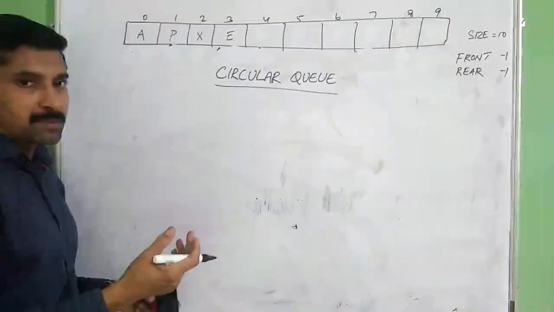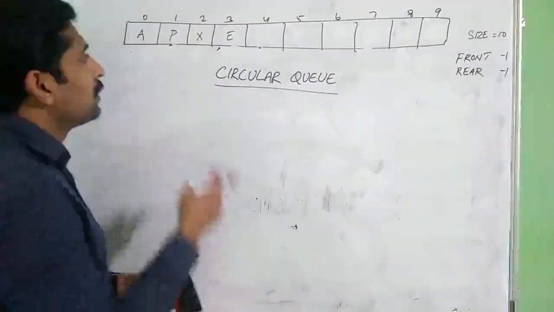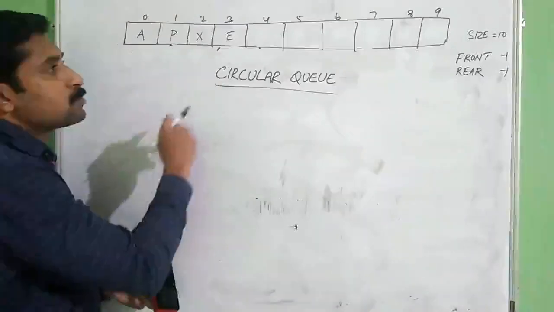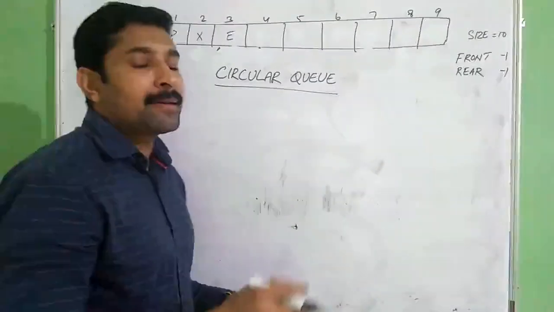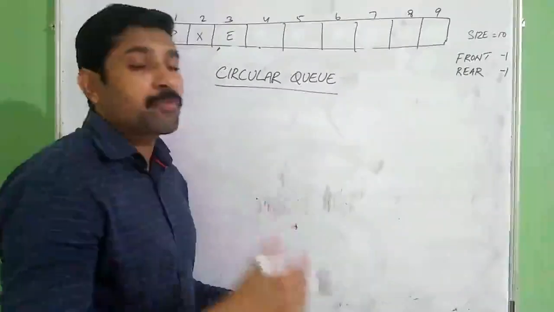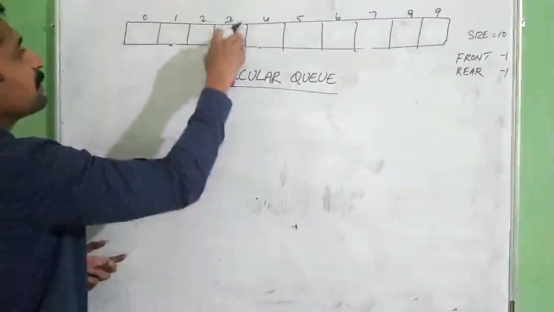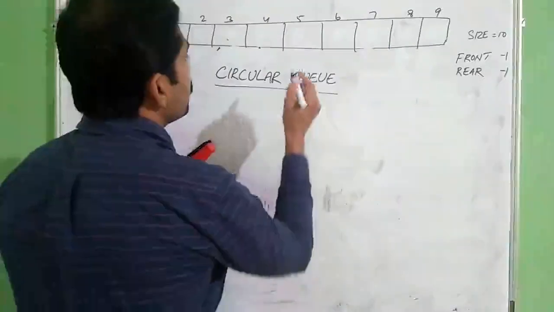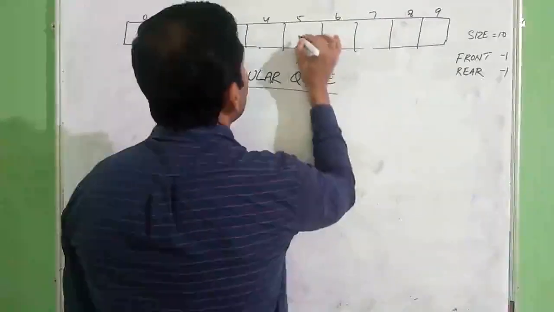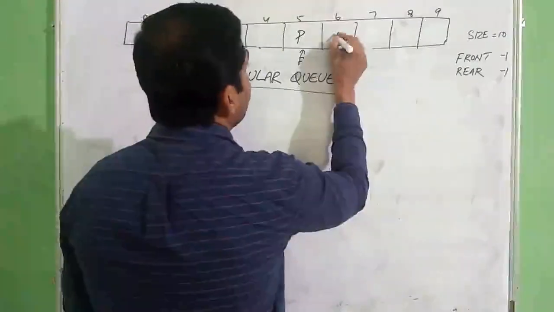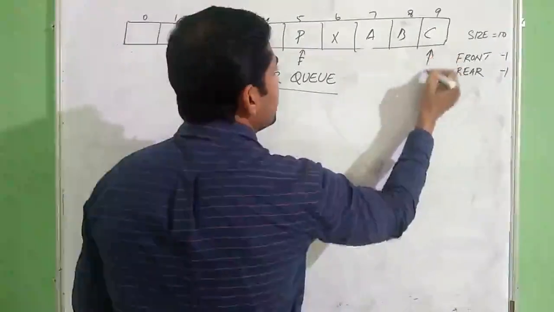The problem is with our code: in some situations, even if there is space in the queue, it will generate a queue overflow message. Suppose this is the condition. So we have front here, P, X, A, B, C, and this is rear.